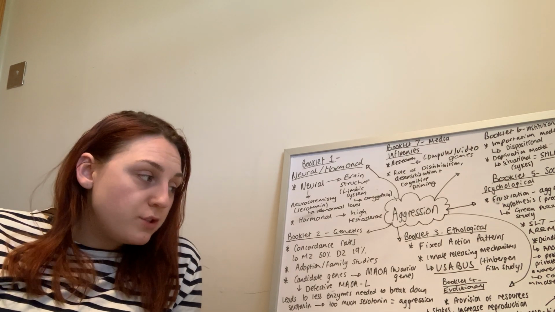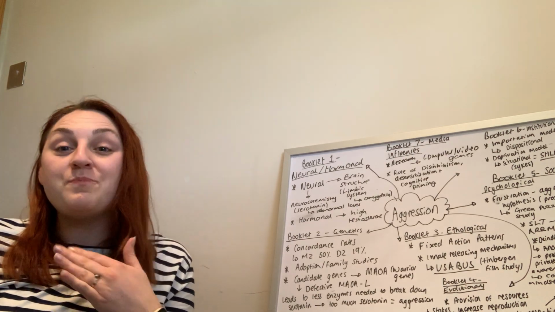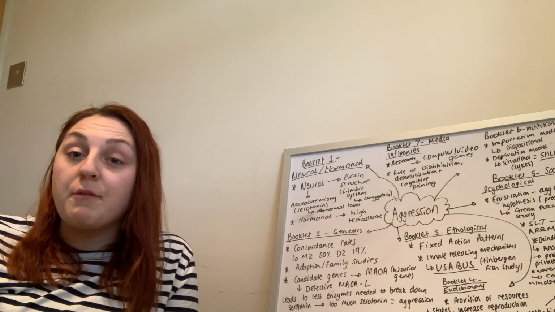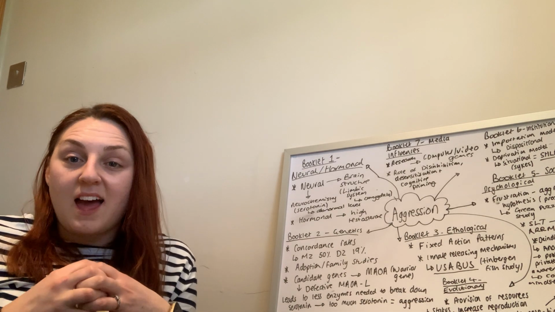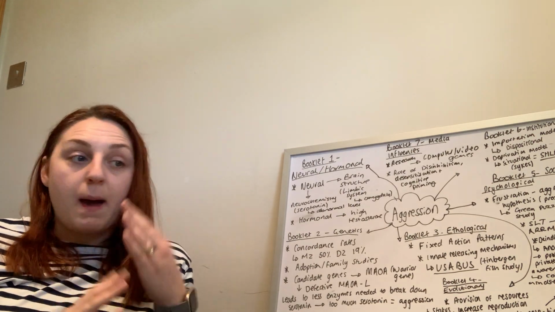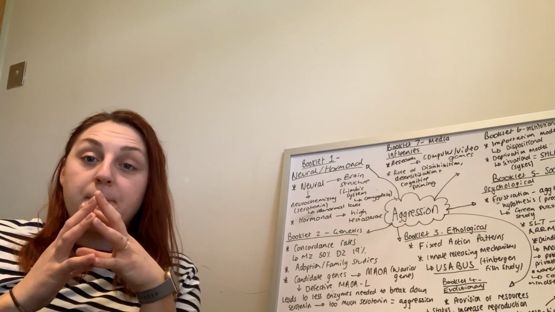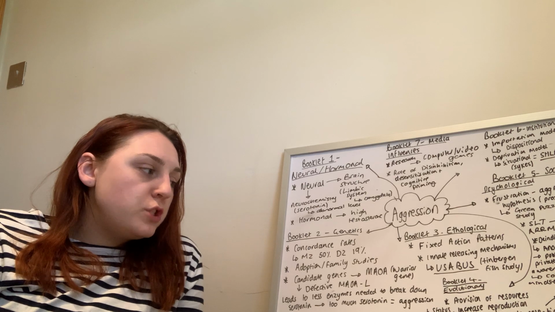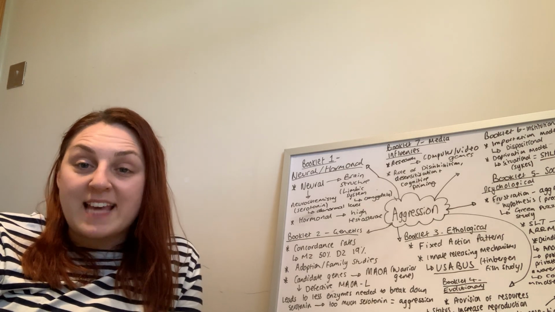So the evolutionary explanation, which again, as we know from relationships, is very old school, purely focused on reproduction and survival, would say that we are aggressive in a way that helps us protect our partner or protect our provision of resources, whether that be something physical like money and status, or an actual partner. The way that we would do this is through what we call a mate retention tactic.